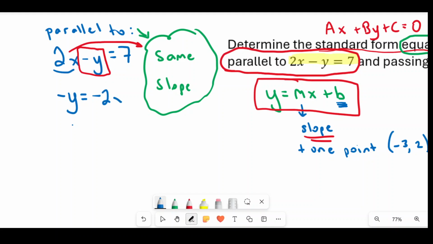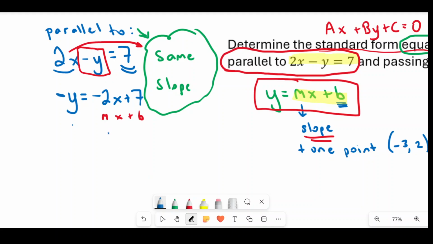The 7 was already on the correct side, so it's still the number +7, but I've just moved it into the second position so that it reflects y equals mx plus b. Now, I'm not done because I don't want -y equals mx plus b.